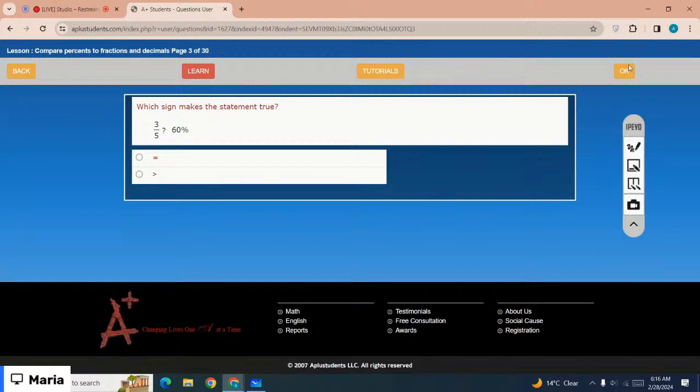Which sign makes the statement true? You have to convert 3 by 5 into a percentage, right? You can make the denominator equal to 100. So 5 times what number is 100?